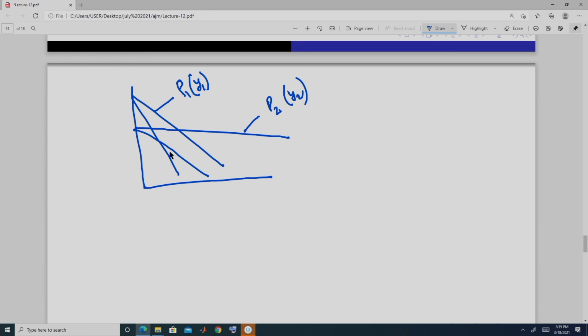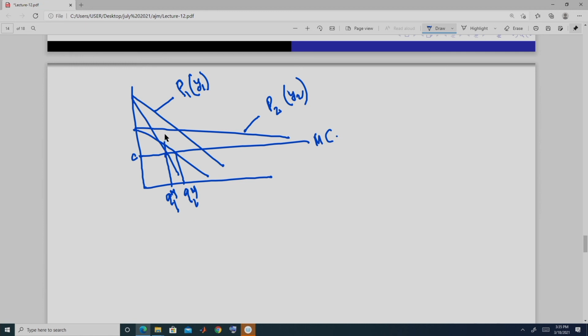And suppose this is the marginal cost. So, for market 1 this is the revenue, and for market 2 this is the revenue.